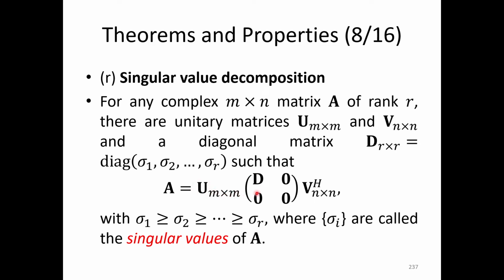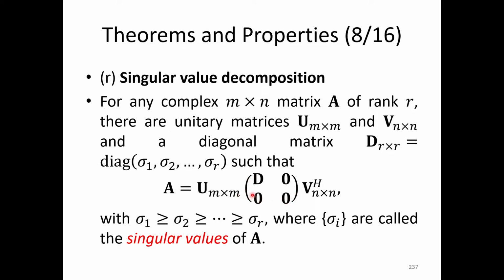m by m, D 0, 0 0, V n by n Hermitian. Okay, so you can know that these three zeros are matrices. Because we need to multiply these three matrices together, the number of rows of this matrix is equal to m.